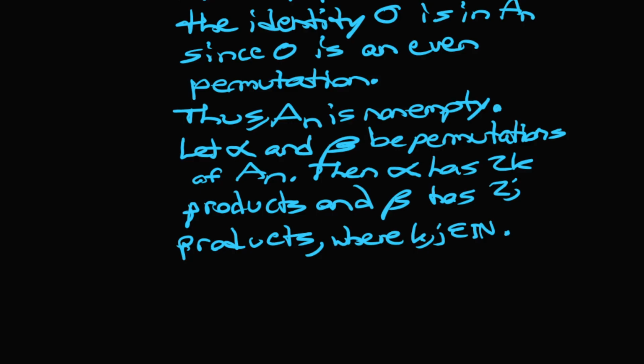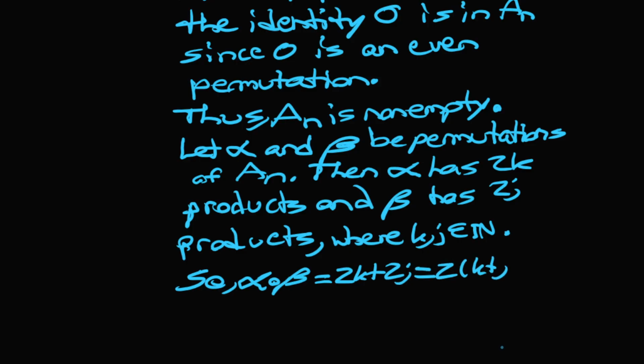So we have alpha of beta equals 2k plus 2j, which equals 2 times k plus j.